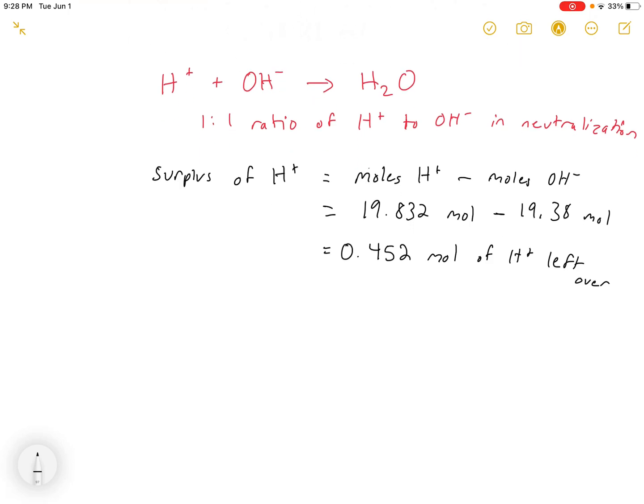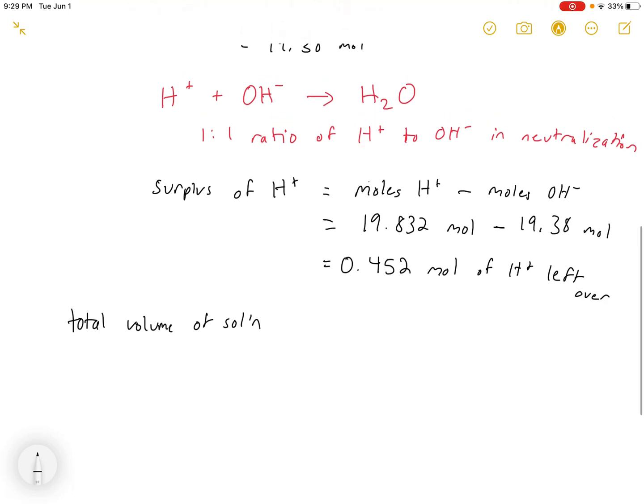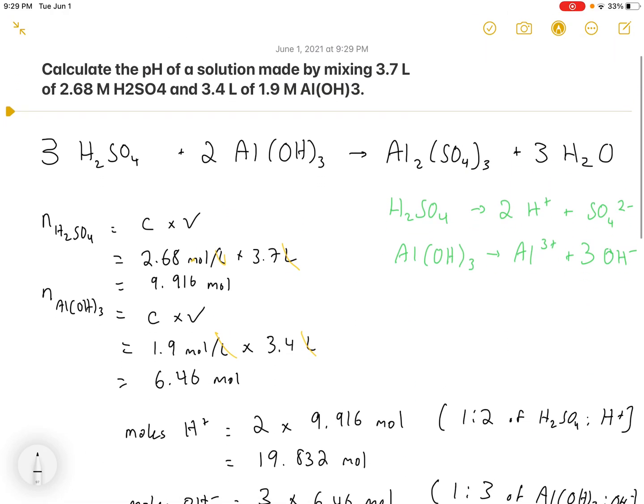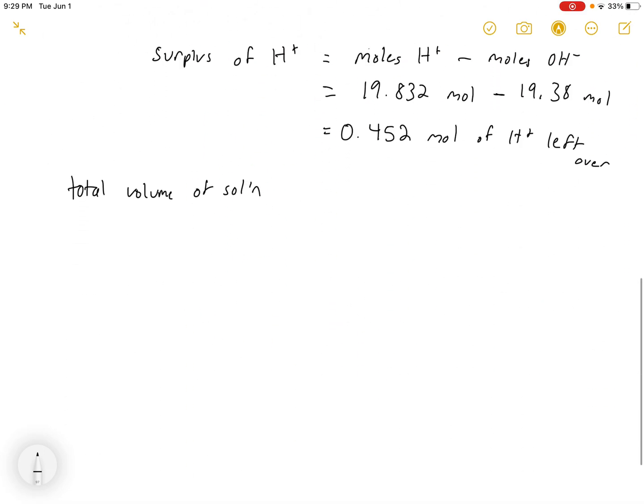That's the moles. And then we want the total volume of the solution, because we're asked for pH. We're going to need a concentration, and concentration is moles per volume. So if we have 3.4 liters and 3.7 liters, that makes the total volume of the solution equal to 7.1 liters. The concentration is very similar to the one we looked at before, only we don't have to go from pOH to pH.